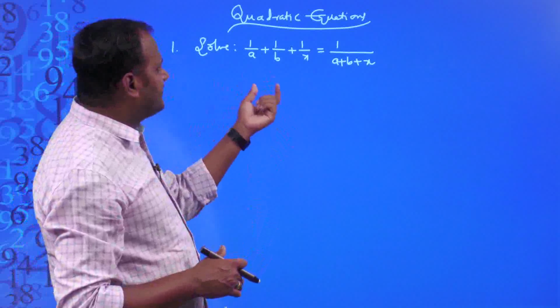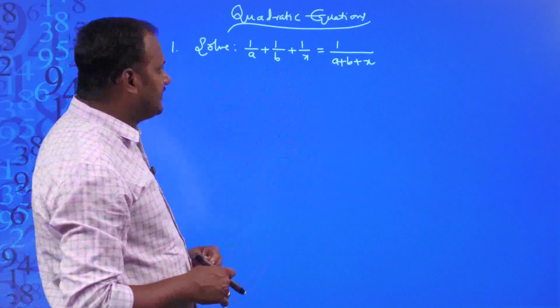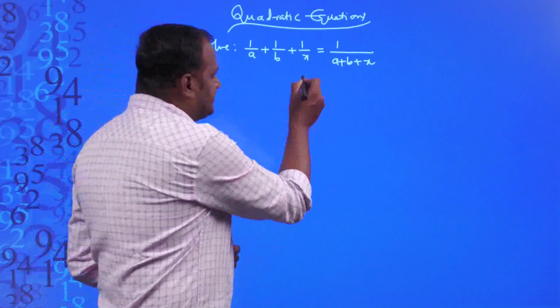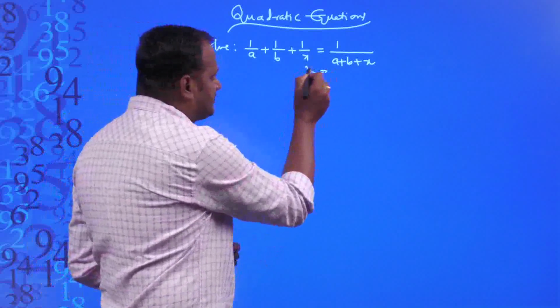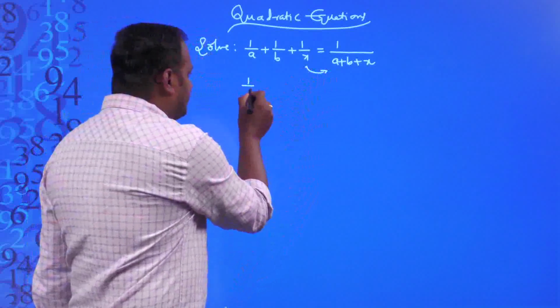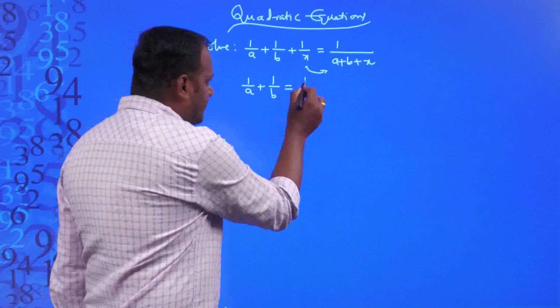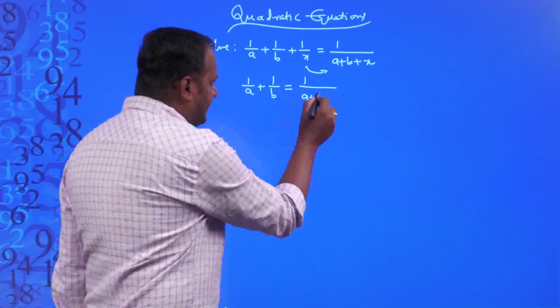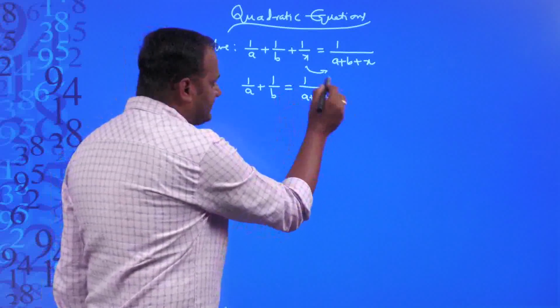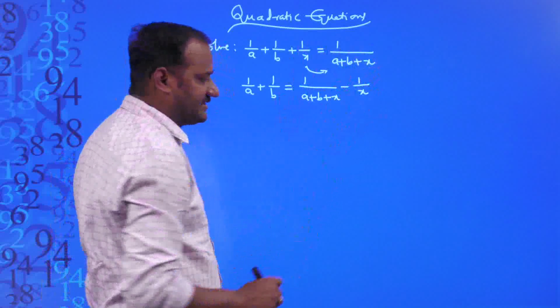I am going to transpose this 1 by x towards the right hand side. Then 1 by a plus 1 by b is going to be 1 divided by a plus b plus x, minus 1 divided by x.